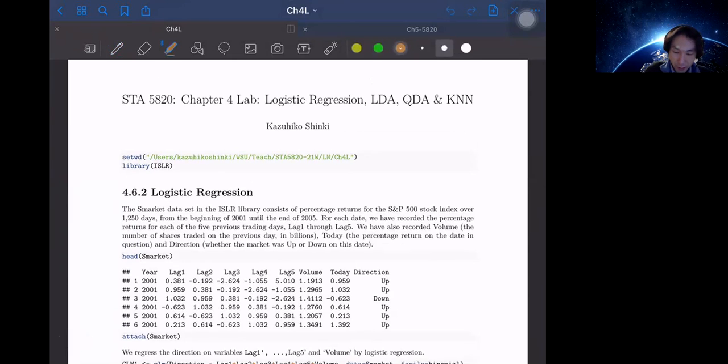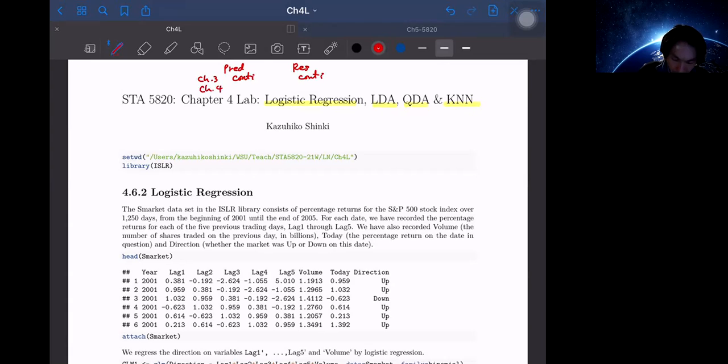We have studied logistic regression and LDA, QDA, and nearest neighbors. So basically everything is for categorical, I mean, the classification problem. In chapter 3, we did regression problems: the predictors are continuous, though predictors don't really matter, the point is that the response is continuous.